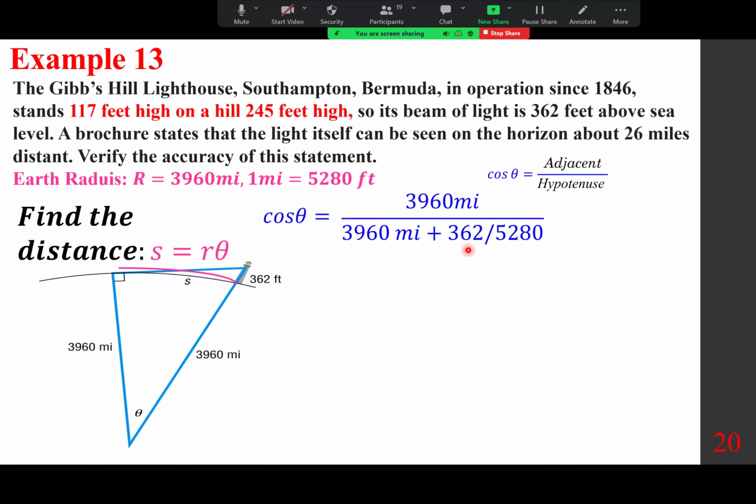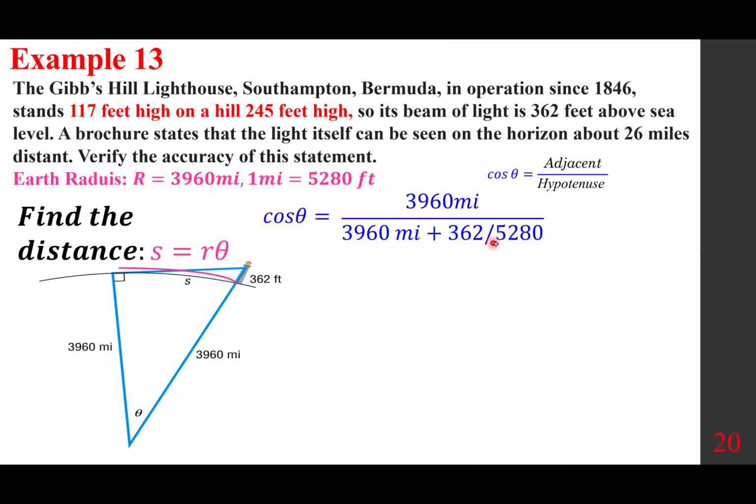Now, this one is 362 feet. This one is 3,960 miles. So I'm going to divide it by 5280. This is the reason. We are dividing it by 5280 because one mile is 5,280 feet.